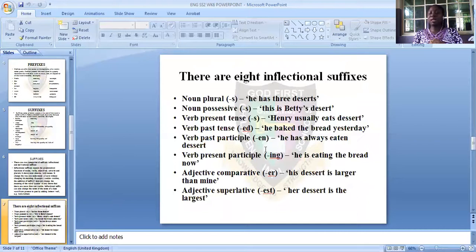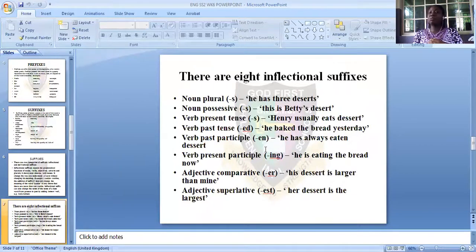And the last one, number 8, adjective superlative est, is also a form of inflectional suffix that we add to the adjective to show the size, the shape, or whatever we want to show at that particular time. So here we have, a dessert is the largest.